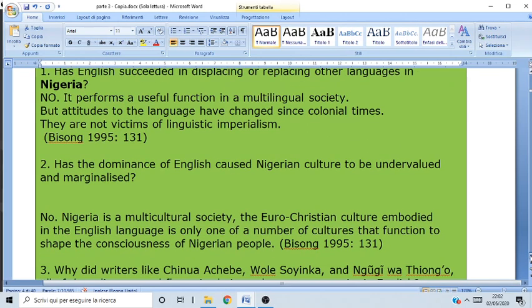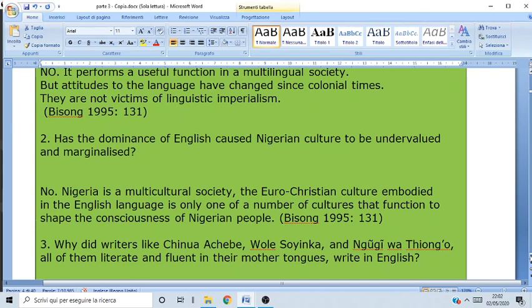Let's look at point number 2. Has the dominance of English caused the Nigerian culture to be undervalued and marginalized? The scholar's answer to this question is no, because Nigeria is a multicultural society, okay?